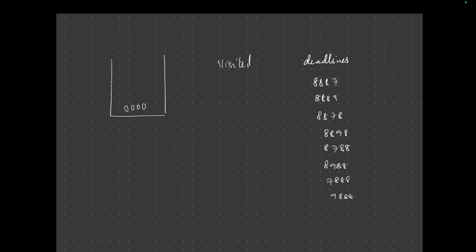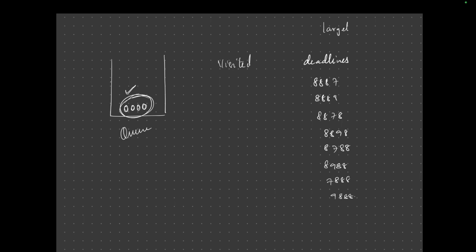Okay, so what will I do? Basically you will pop something from the queue in a traditional BFS, right? Before popping, what is the size of the queue? 1, right? The size of the queue is 1, and now I'm popping the input string that is present in the queue.